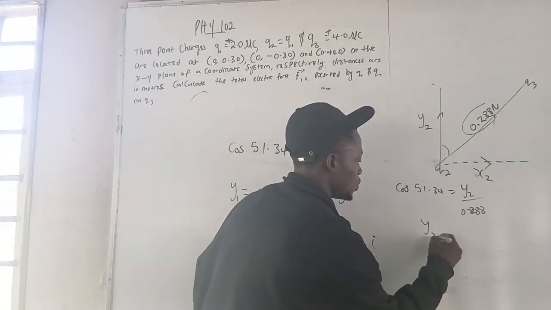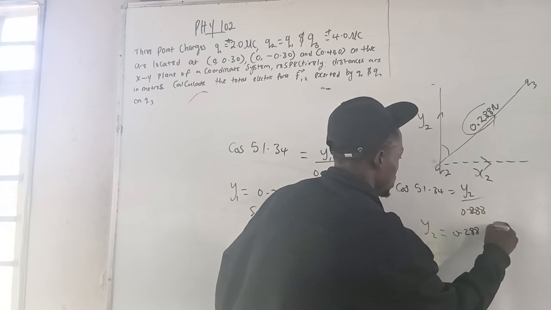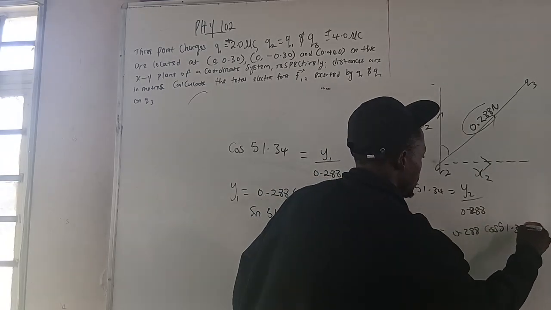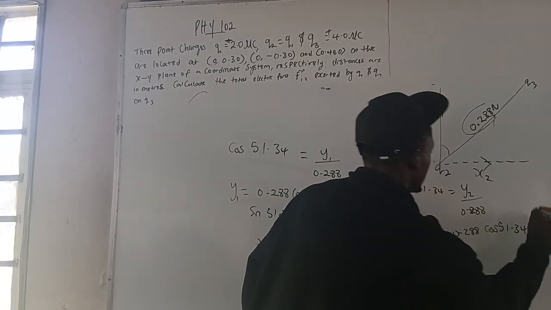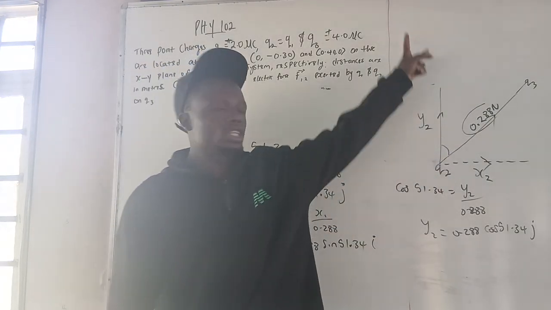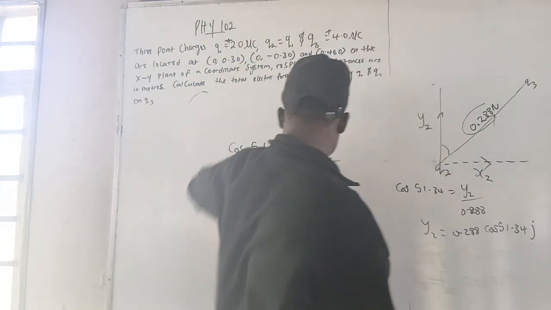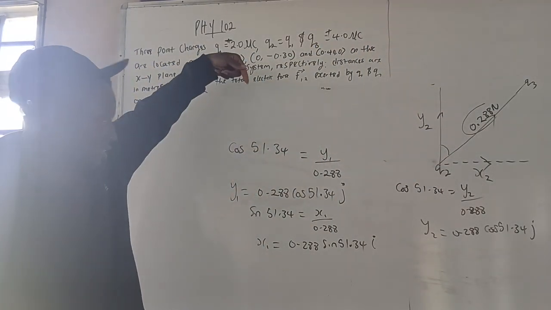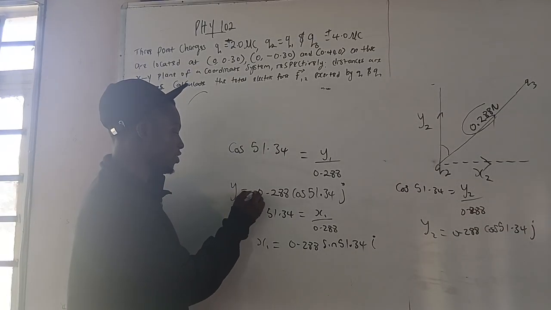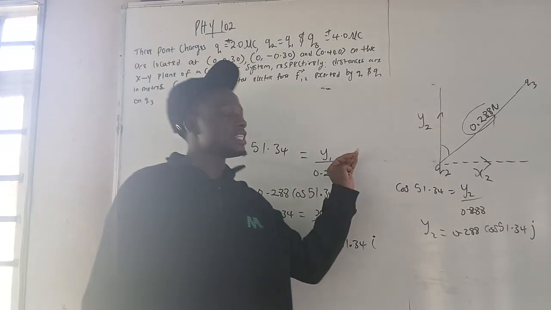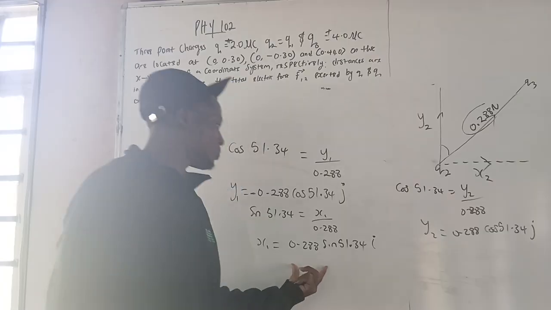So our y2 equals to 0.288 cos 51.34 j. This one now is upward, it's going to the positive y-axis, so this will be plus. The first diagram, the y part is facing downward, so here we are going to have minus. The x is facing this side, both x are facing this side, so x will be positive.